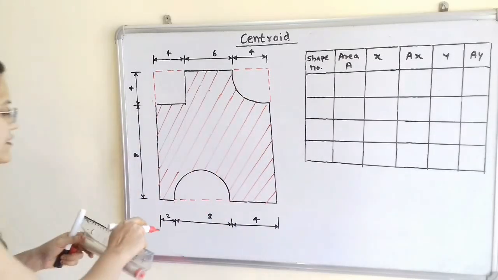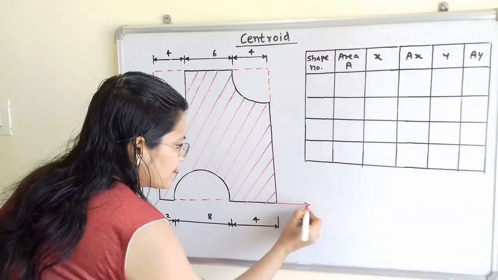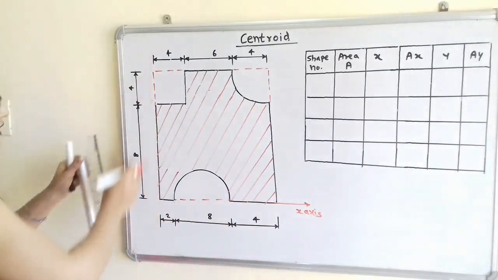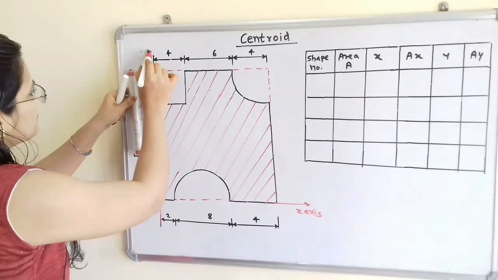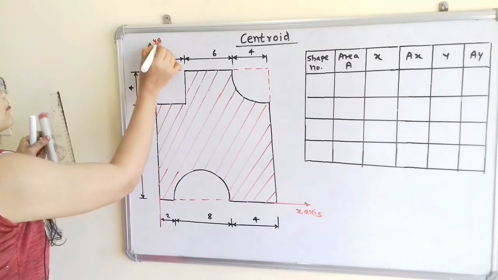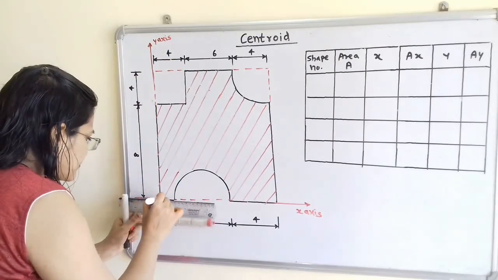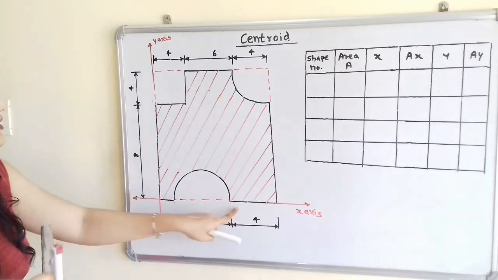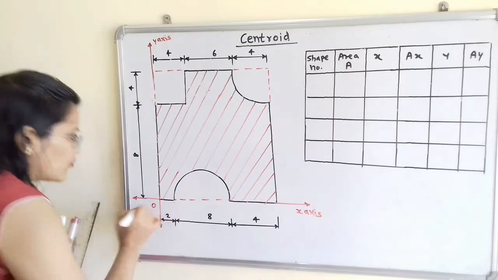So I will select this bottom horizontal line as a x-axis and this vertical line as a y-axis. Now the point of intersection of this x-axis and y-axis is known as origin O.